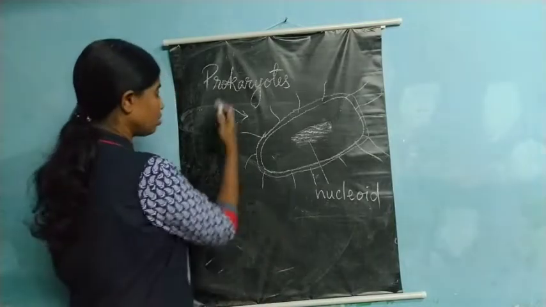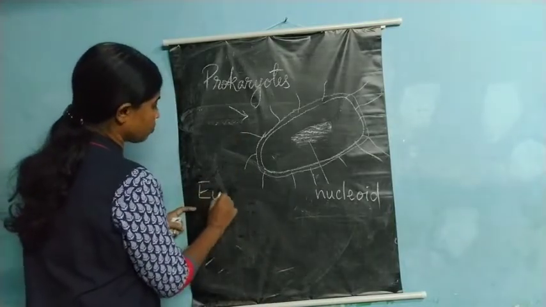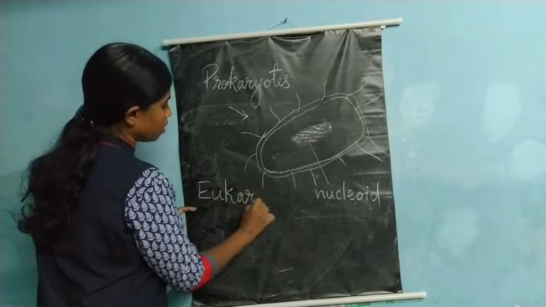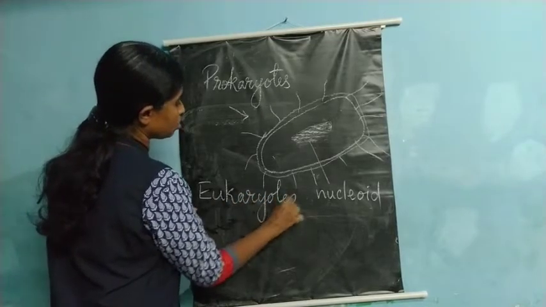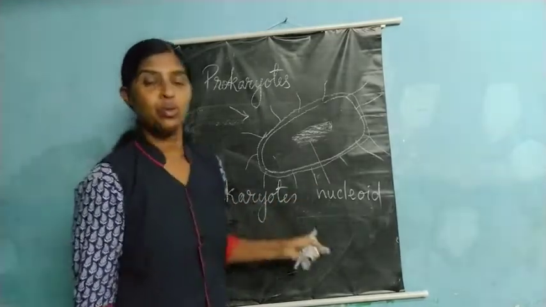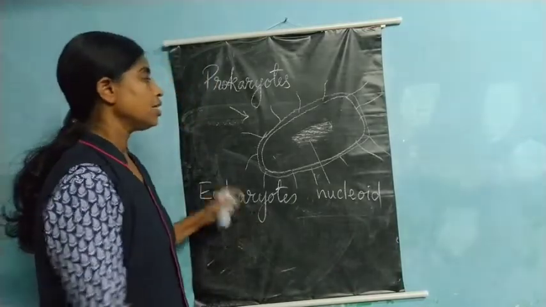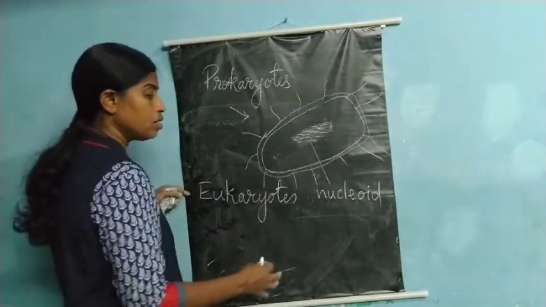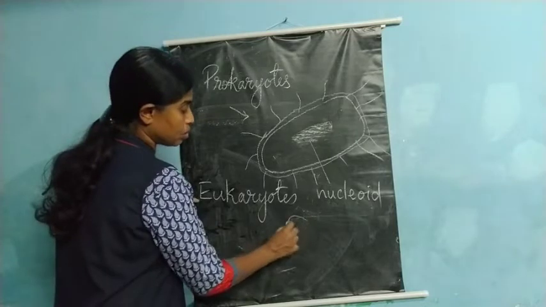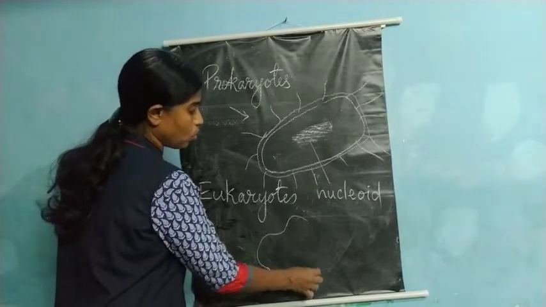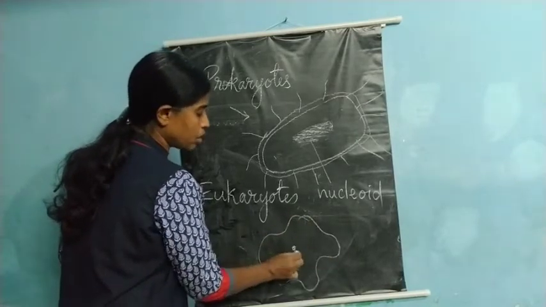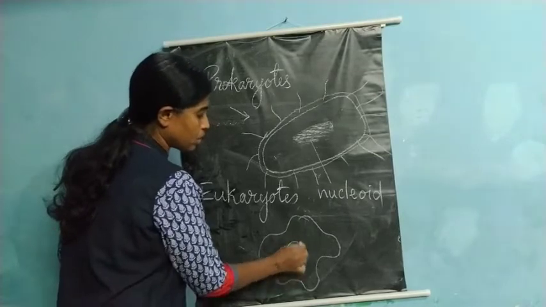Then what about the other one? Eukaryotes. Okay. Eukaryotes have a true nucleus, right? For example, amoeba I can give you; all other organisms including human beings, we are all eukaryotes.